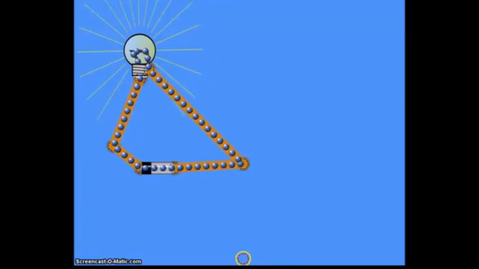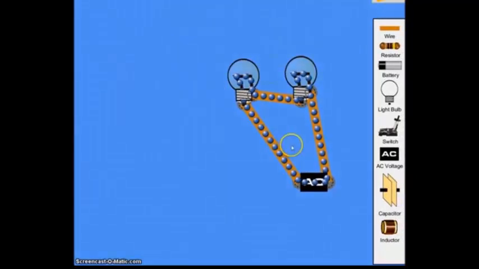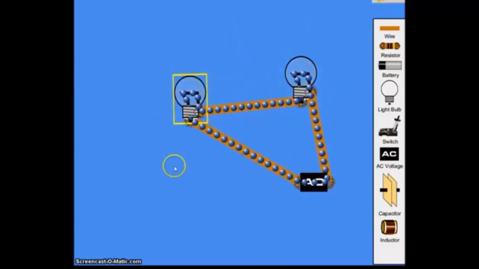Alternating current, on the other hand, switches back and forth, and we can see that over here. You can see the electrons don't really move very far, but they're alternating back and forth. Remember, this is a scaled version. These electrons would actually be going so much faster. The one thing you probably see that's different is these light bulbs are flashing.